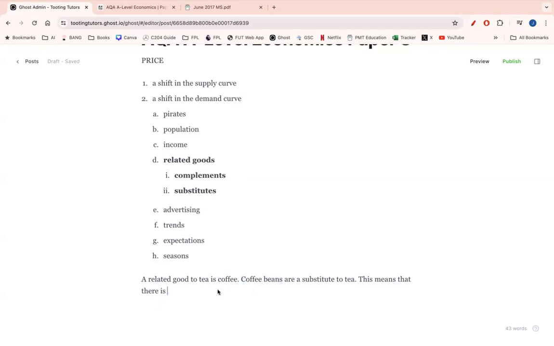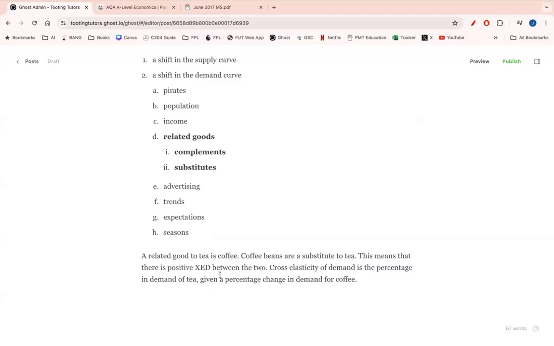So there is a positive XED. Cross elasticity of demand is the percentage change, or the responsiveness, in demand of tea, given the percentage change in price of good A and good B.